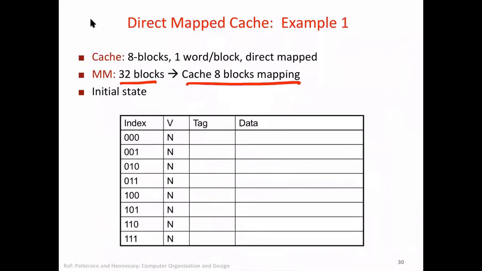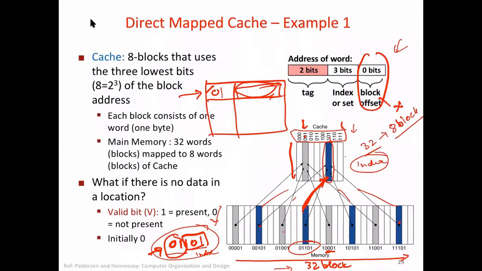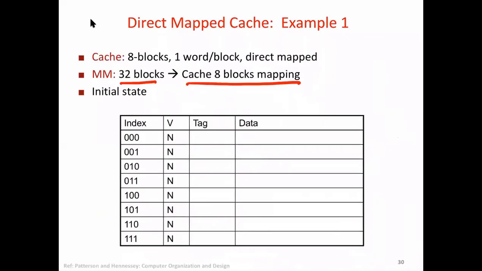This is the initial state of main memory and this is the initial state of cache. We also use a valid bit, meaning the data inside the cache is valid or not. Initially it's not valid because there's no data.